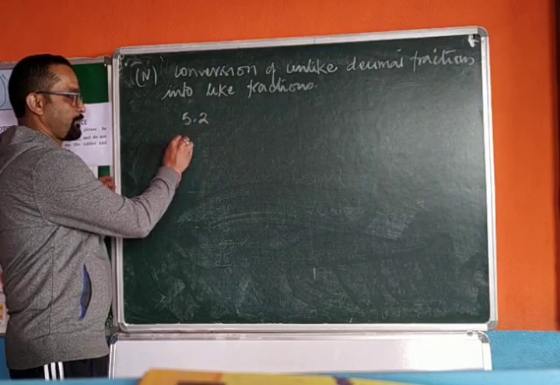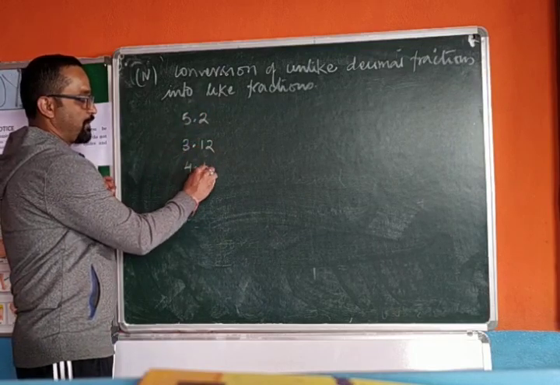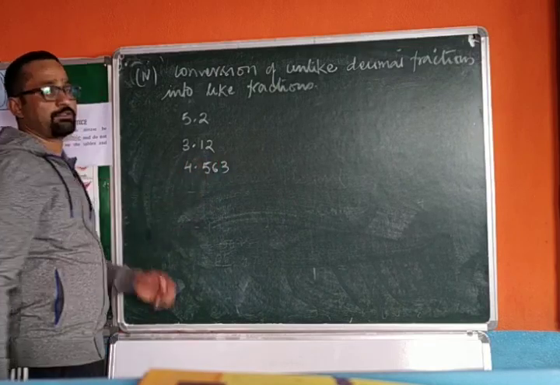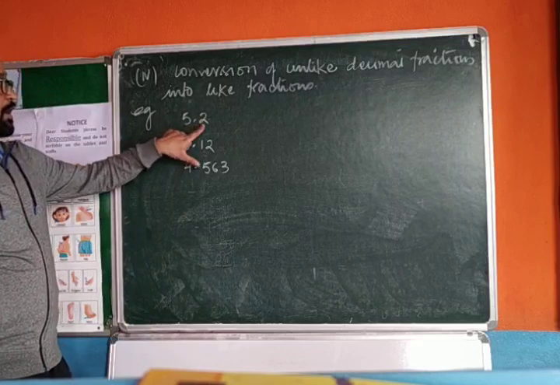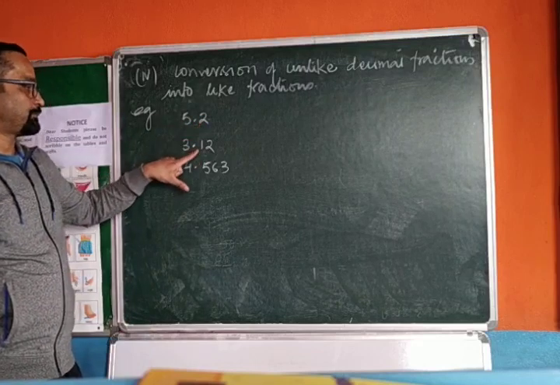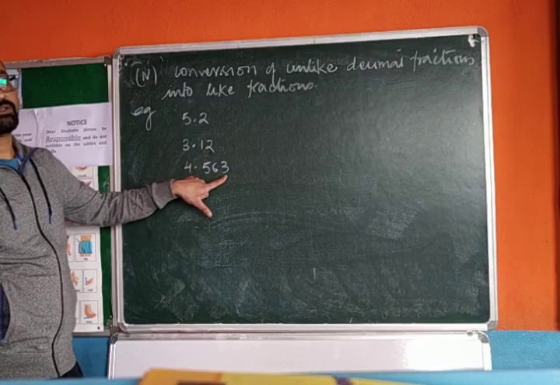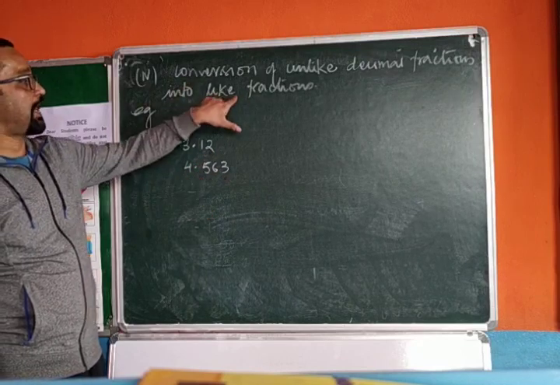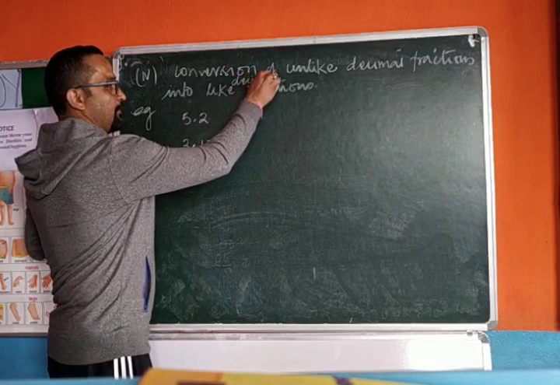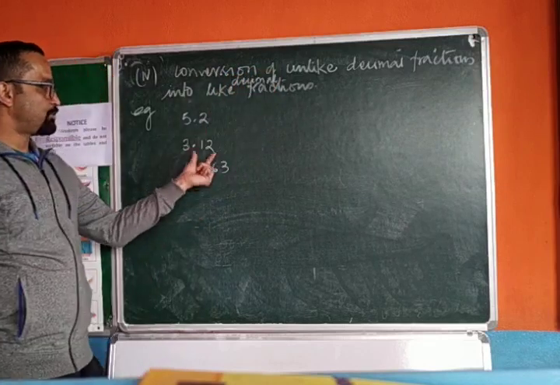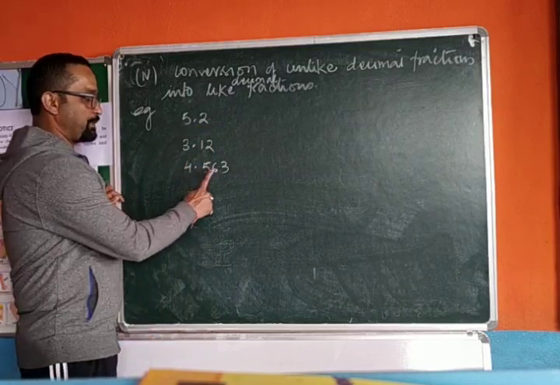5.2, 3.12, 4.563. Look at the example. You have one place decimal, two place decimal, three place decimal. How to make it like decimal fractions? It's very simple. 3 places.